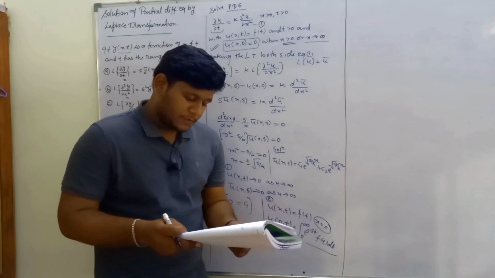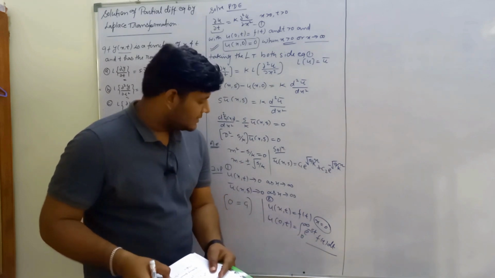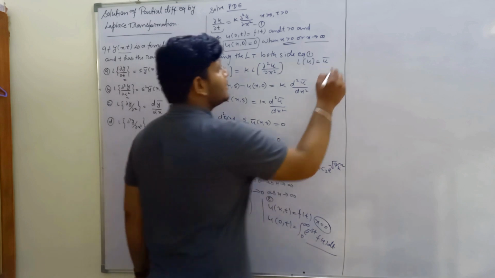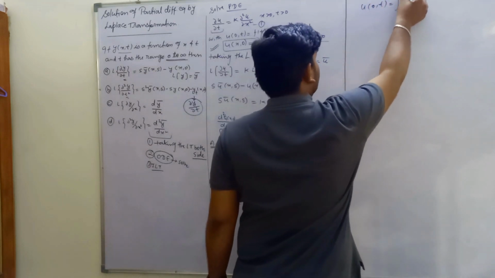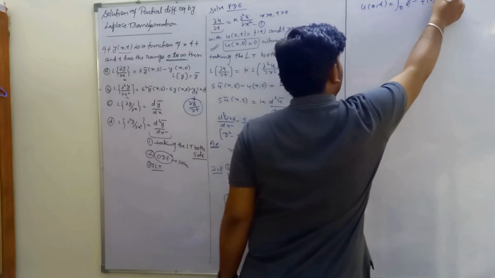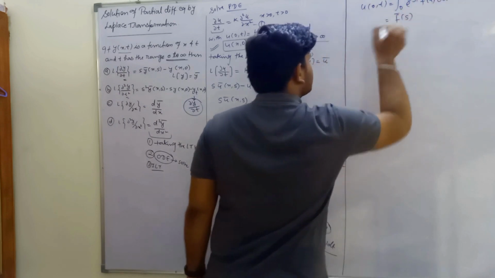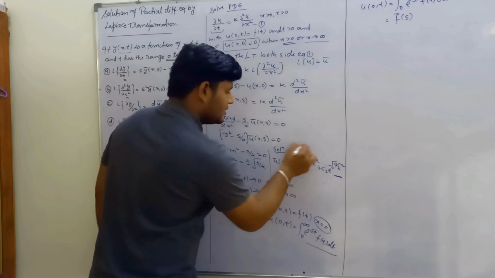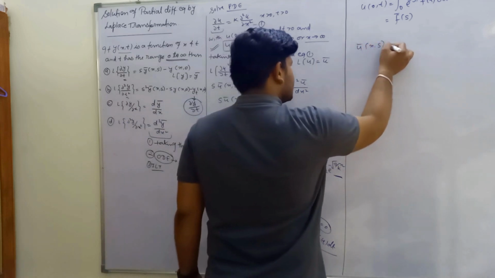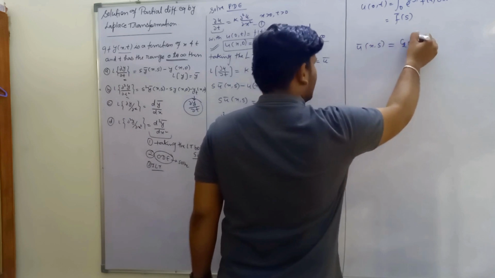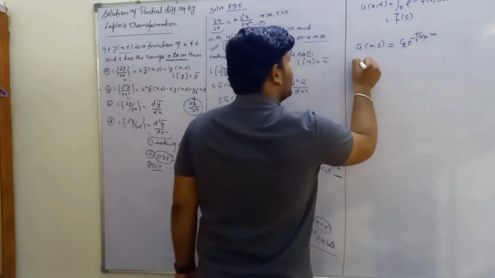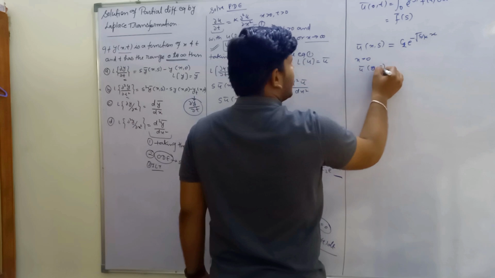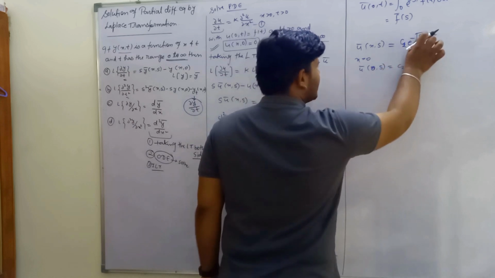If I take x equals 0 here, then the Laplace transform of this function is f bar(s). The integral from 0 to infinity of e to the power minus st f(t) dt is nothing but f bar(s). Putting x = 0 in ū(x, s) = c1 e^(√(s/k) x) + c2 e^(-√(s/k) x), we get ū(0, s) = c2 e to the power 0, which is nothing but c2.